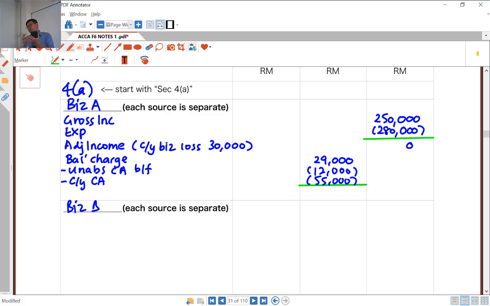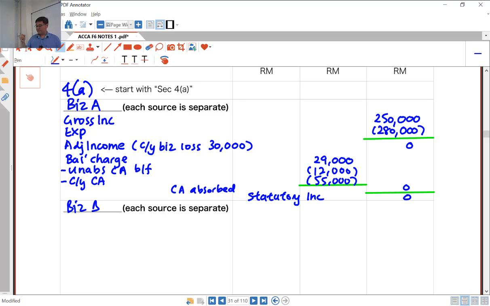Since you don't have enough adjusted income, what I normally do is write another description and put here that the CA absorbed is nil. I don't absorb anything because I don't have enough income. Sorry, I have no space, so I squeeze a bit. My statutory income is 0.